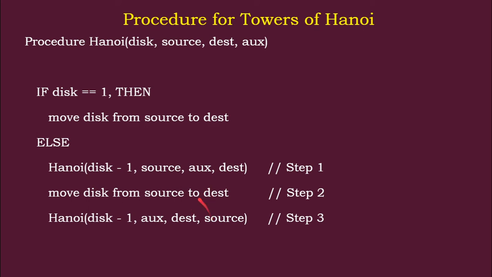That means we are going to move the disk from the auxiliary to the source. Here we are moving the disks from source to destination using the auxiliary, and then we have to reverse the step in order to have the proper movement of the disk. So we have to just move all the n-1 disks from auxiliary to the destination using the source.